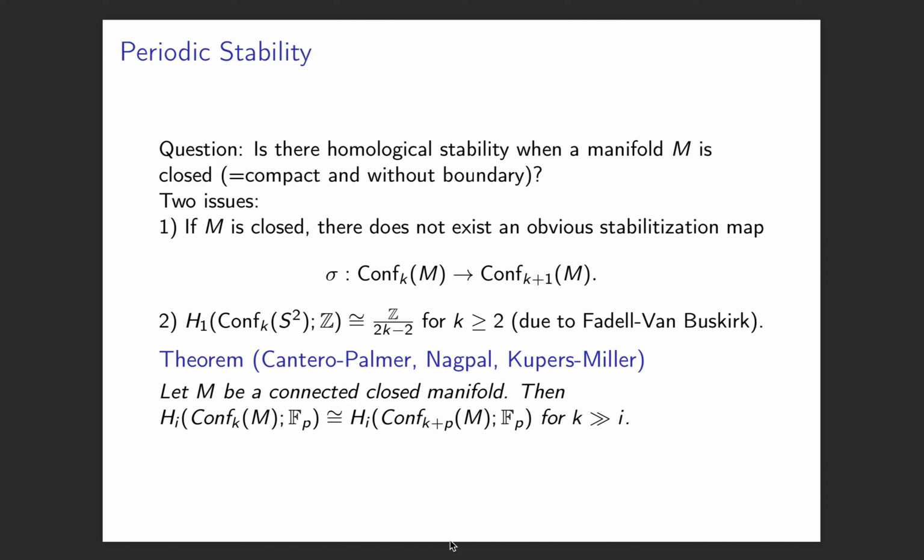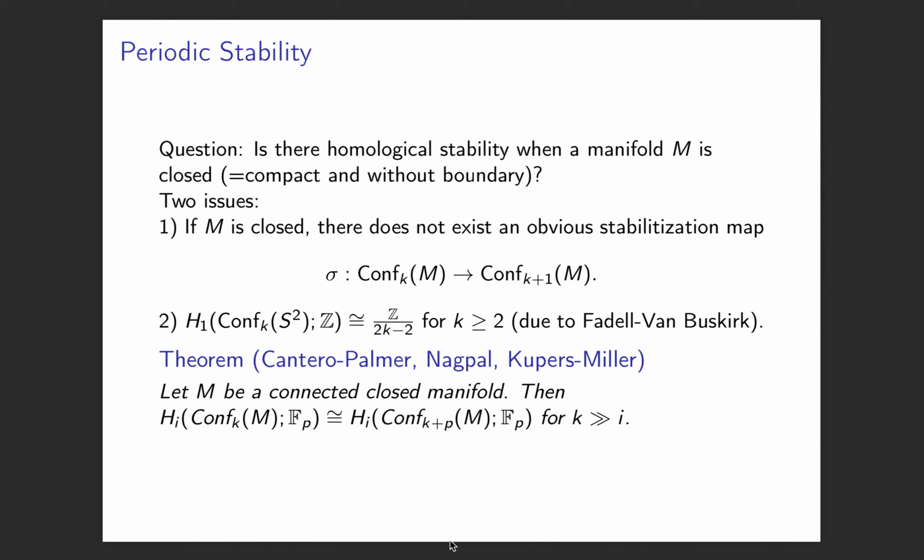The first issue is that if M is a closed manifold, there does not exist an obvious candidate for what a stabilization map should be from the configuration space of k points on M to the configuration space of k plus 1 points on M. This is definitely an issue, because the stabilization map really does depend on M being an open manifold. But yeah, that's one issue.